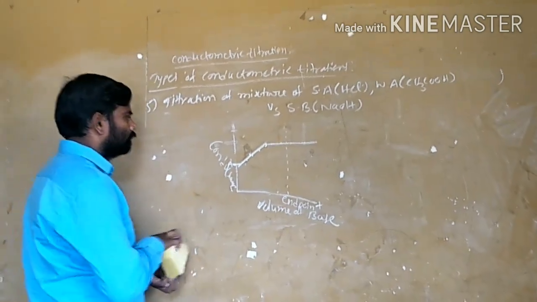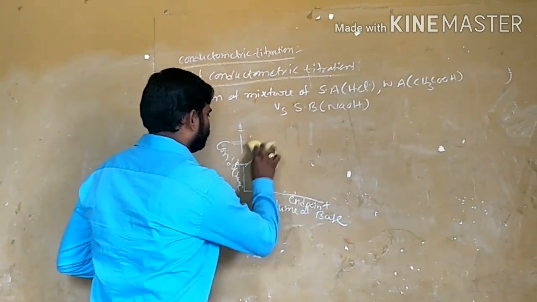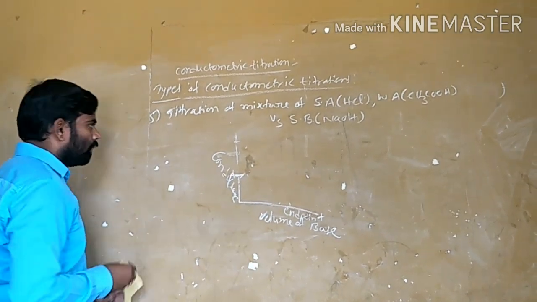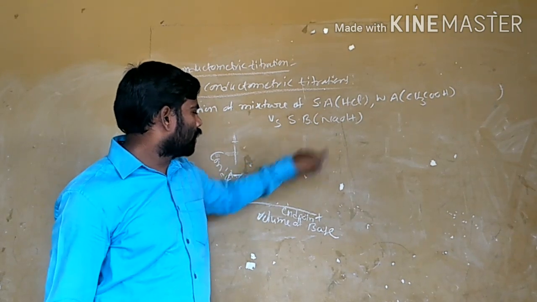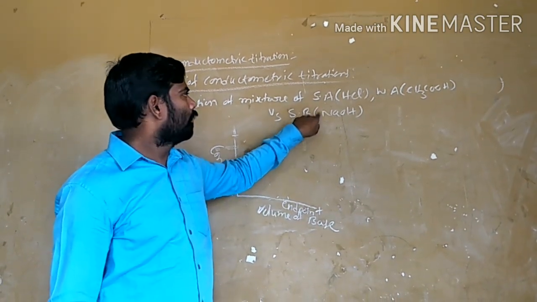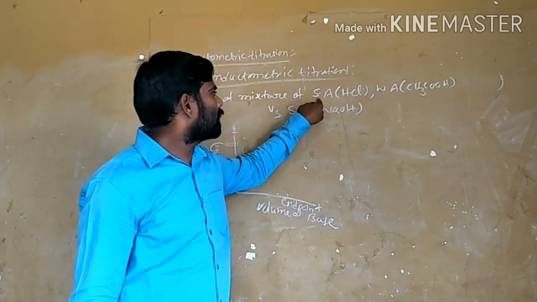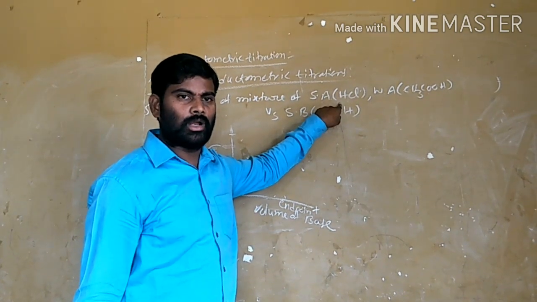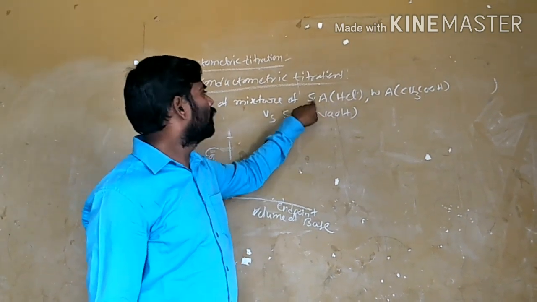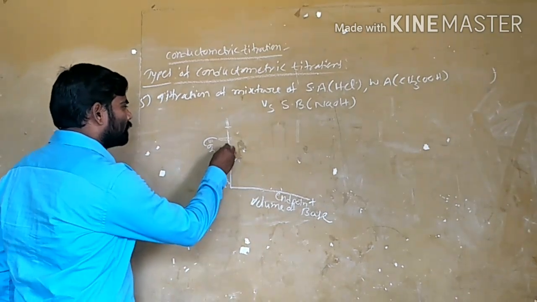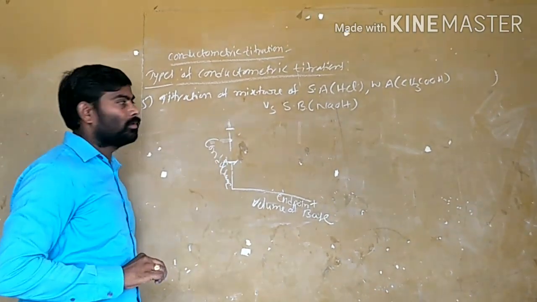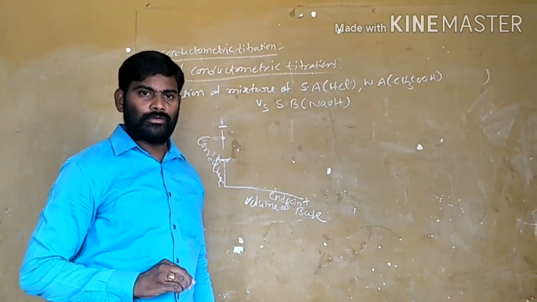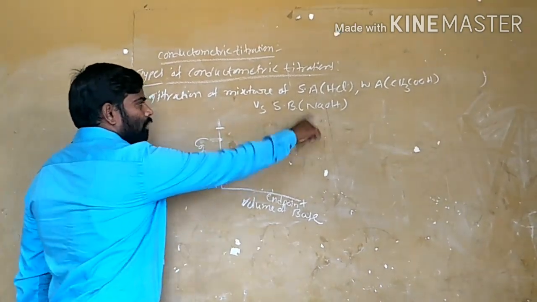First of all, we add the strong base from the burette. In the mixture, first the strong acid undergoes neutralization. Due to the strong acid, the conductance value is high.